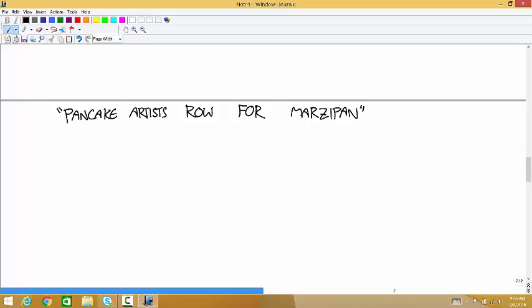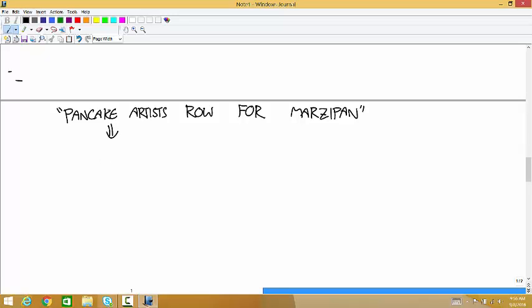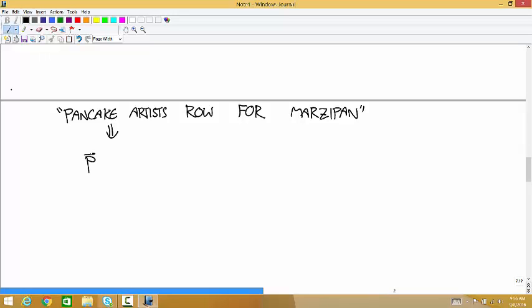And so this leads to a table where the columns are P vector, that's pancake, A vector, that's artists, Greek letter rho, force vector F, and then M sub A for the moment.